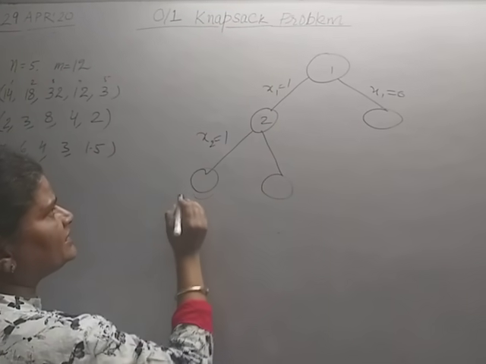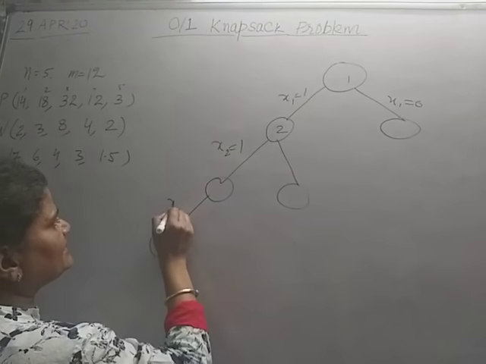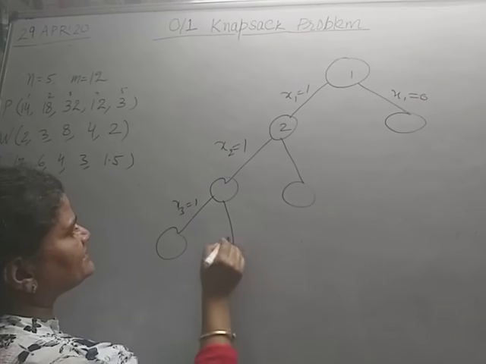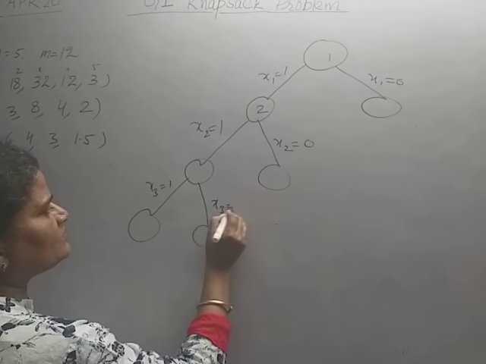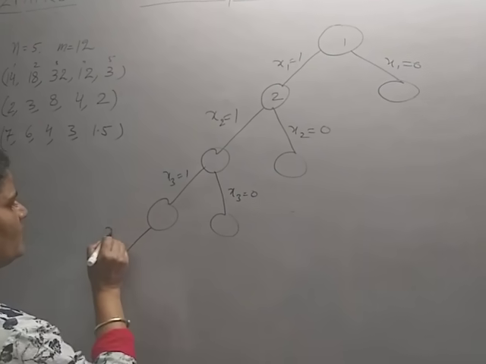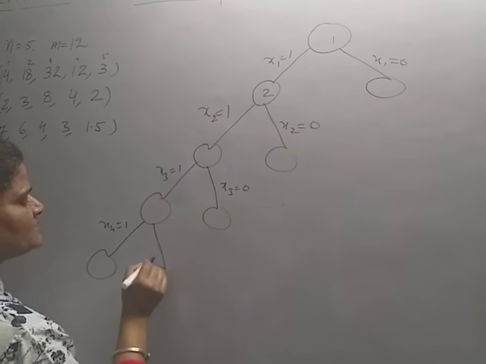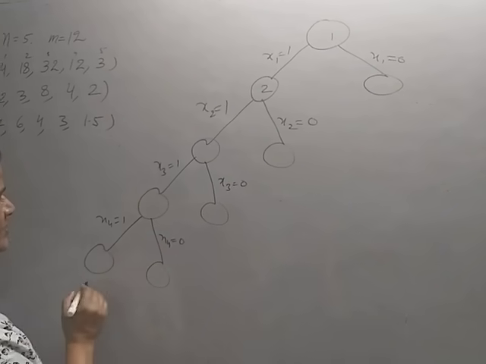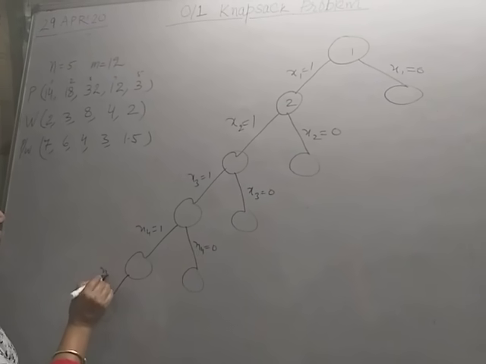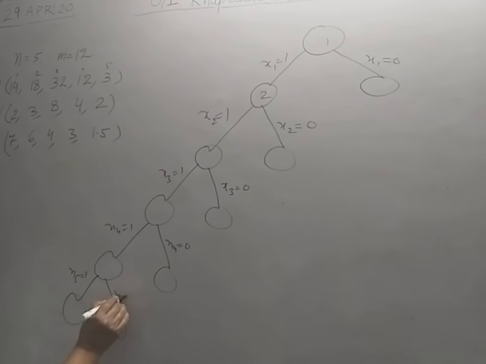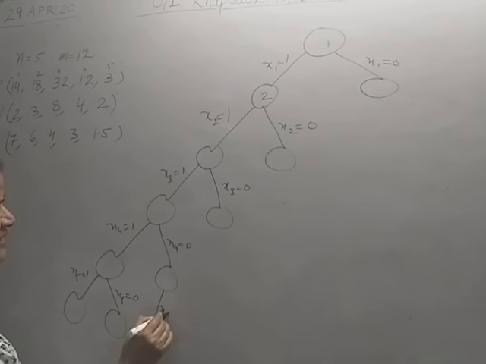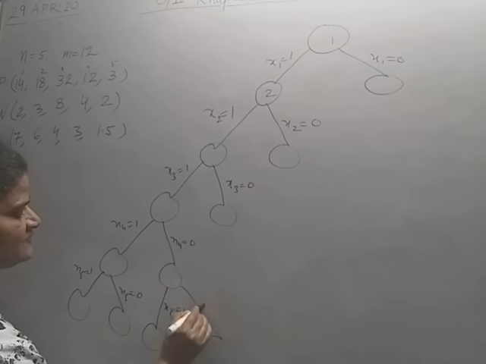And this branch is again x2 equal to 1 and x2 equal to 0, then x3 equal to 1, x3 equal to 0, x4 equal to 1, x4 equal to 0, and x5, as there are 5 elements, x5 equal to 1, x5 equal to 0.